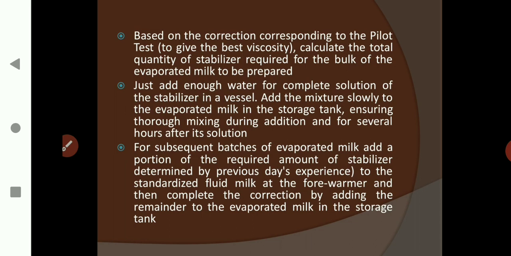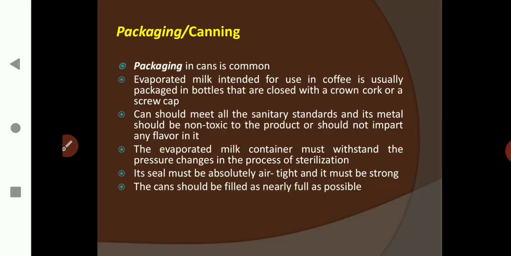So in a season, the amount of stabilizer will be almost similar, so you can have an idea how much quantity will be required. So you can add a part of it in the forewarmer itself, during forewarming. Then the balance will be added to the storage tank after pilot sterilization test. Okay, now you go for packing.